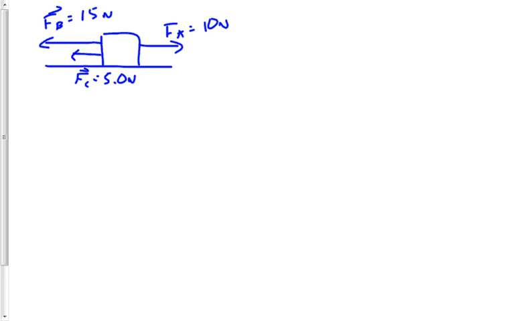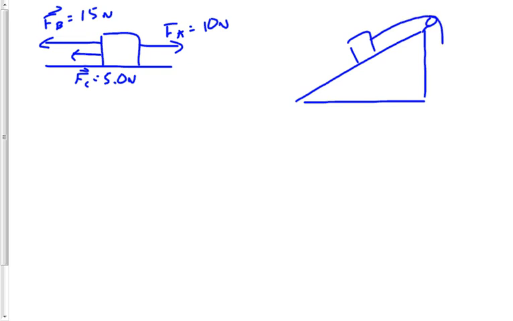to something as complicated as maybe this. Where you've got a mass of 20 kilograms here. Maybe you got a mass of 20 kilograms here as well.